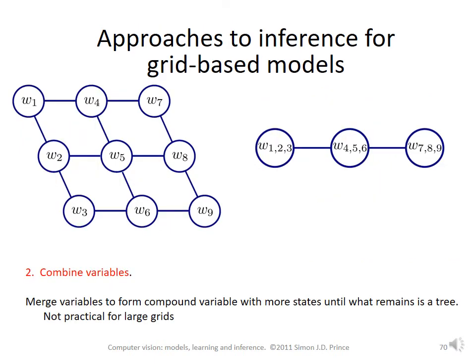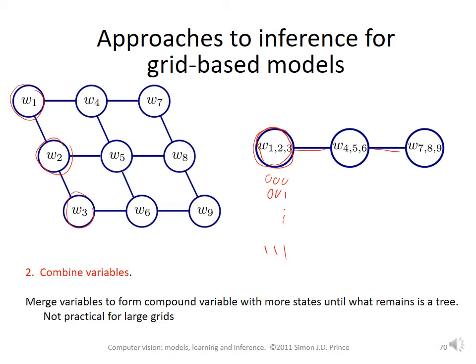Another approach would be to combine variables. So imagine that you have a binary variable W1, maybe W2 and W3 are also binary. So now instead you could imagine having this combined W1,2,3, having 8 possible discrete states, and that would capture all the combinations of 0,0,0, 0,0,1, etc., down to 1,1,1. And so we've made a single node here, this mega node, and it now looks like a chain.